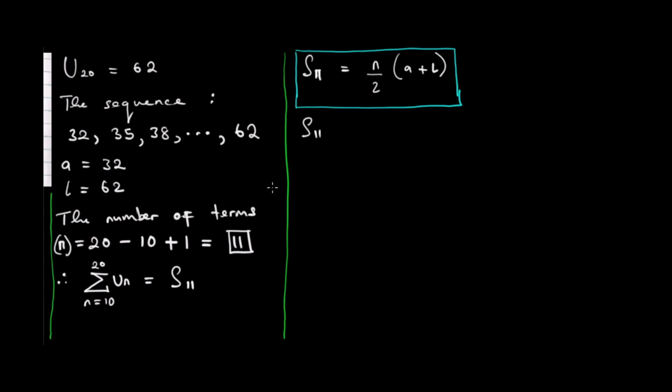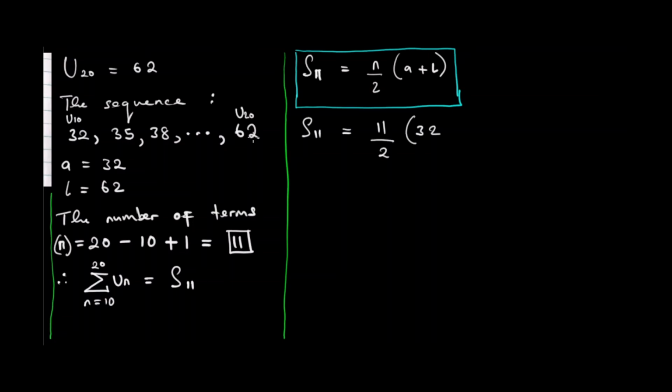So the sum of 11 terms is equal to n, which is 11, over 2. What is a? Be careful here now. Our a in this case is 32. It is no longer the a we were given in the question originally, because here we are only concerned with 11 terms going from term number 10 to term number 20.